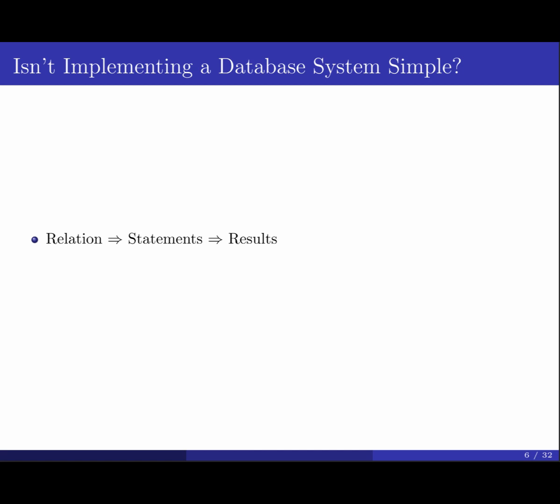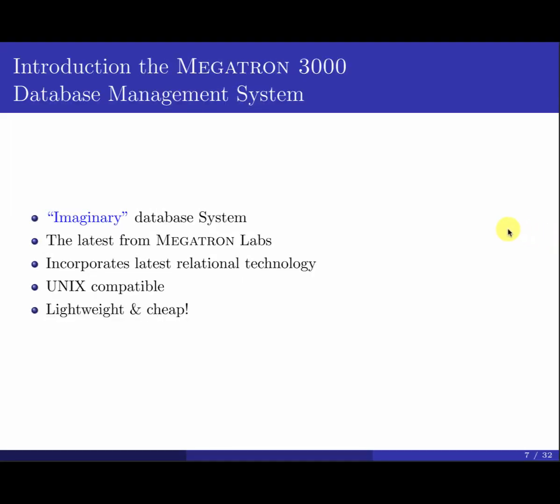In order to show that, I'm going to introduce you to the Megatron 3000. This is an imaginary, fake database management system. It looks like we have relations and statements, then we extract the result, so it's easy. I think the implementation of a database management system is similar to the imaginary system that I'm thinking about.